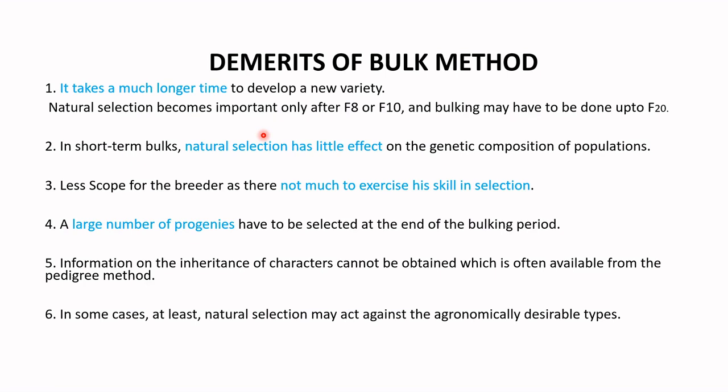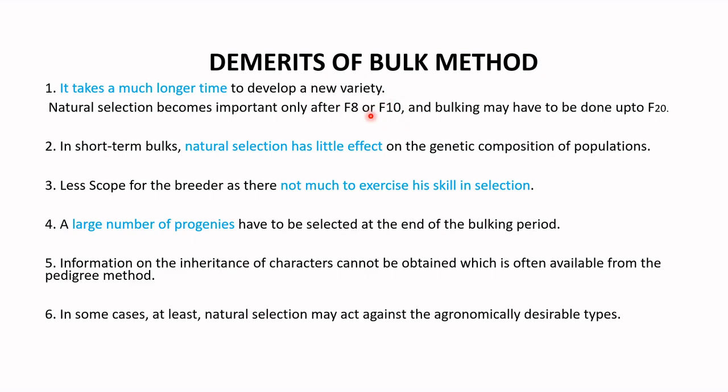Some of the demerits of the bulk method: it takes much time to develop a new variety. For natural selection to have an impact on the variety, it should take at least F10 generations.